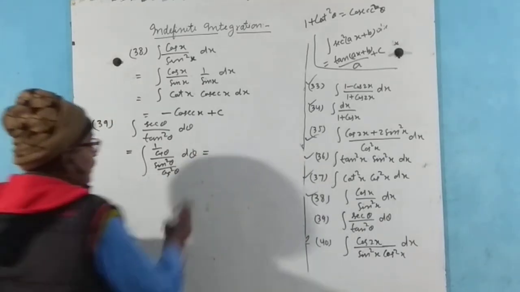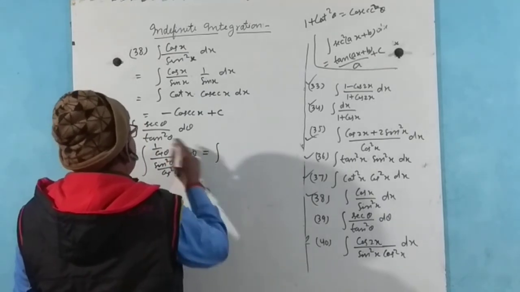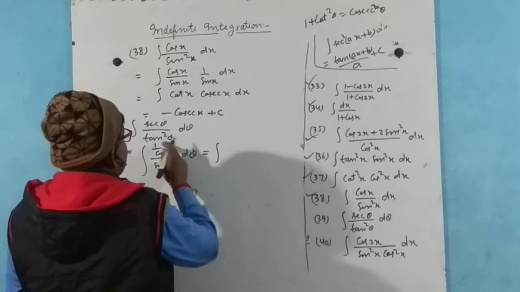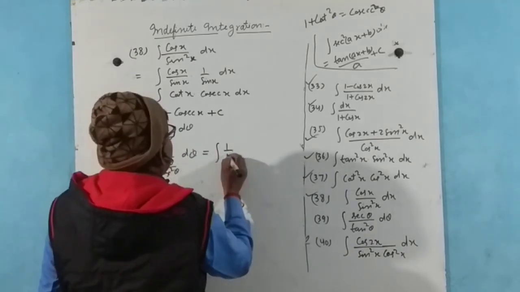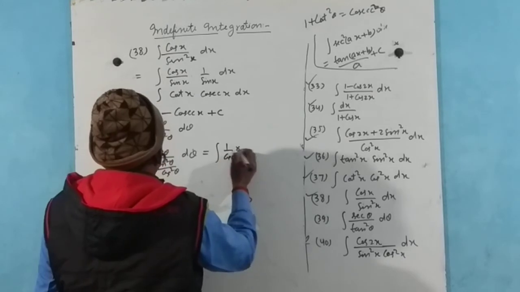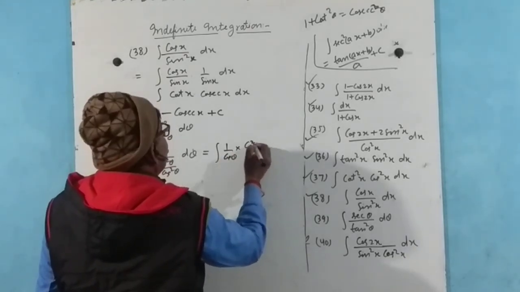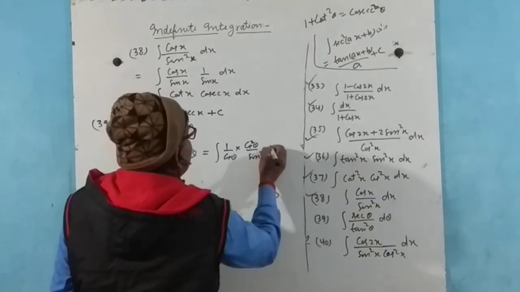Now this comes here, integration of 1 by cos theta and cos square theta by sin square theta d theta.